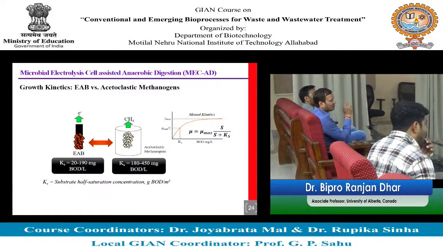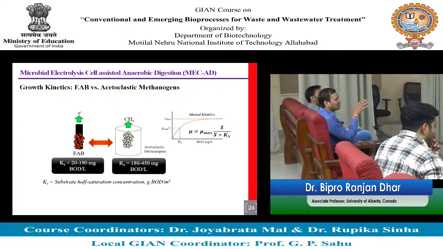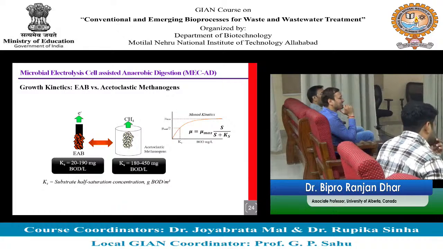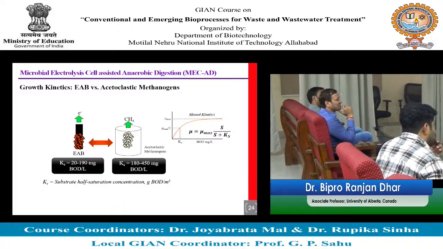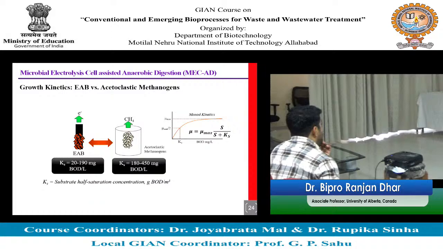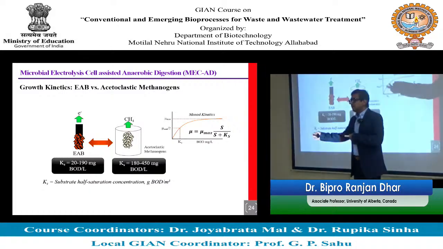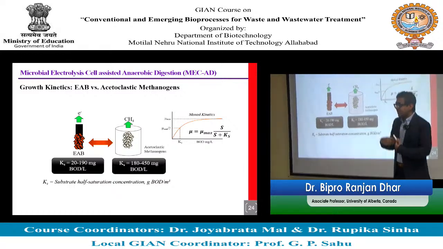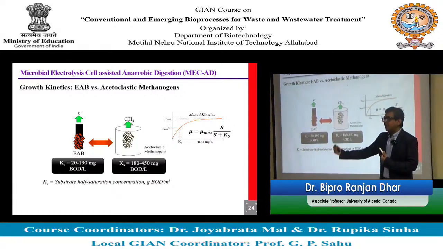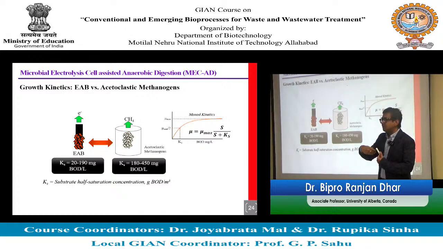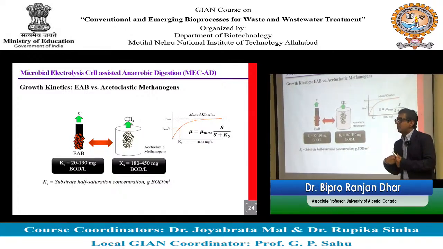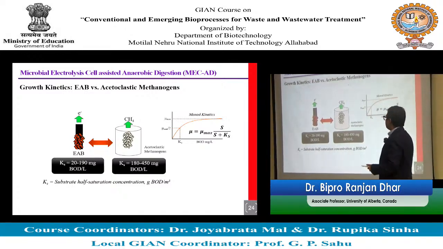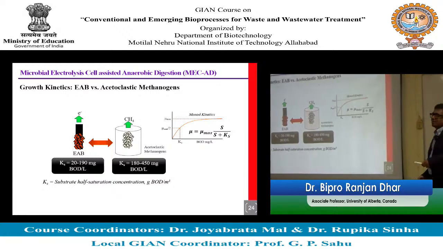Yeah, I know that it's confusing. EAB, we typically use if something can transfer electrons extracellularly using the EET mechanism. If something can take electrons by extracellular electron transfer, then we call them electrotroph. So yeah, many terms in this area.